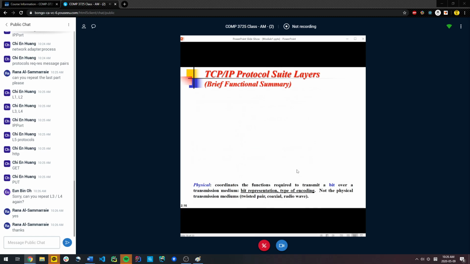What's a 1 and what's a 0? The physical layer is not the actual physical transmission mediums. Those have other standards like twisted pairs and coaxial cables, which define what the cable should be. We don't care about that. We care about the coordination to represent a bit as a signal for transmission.